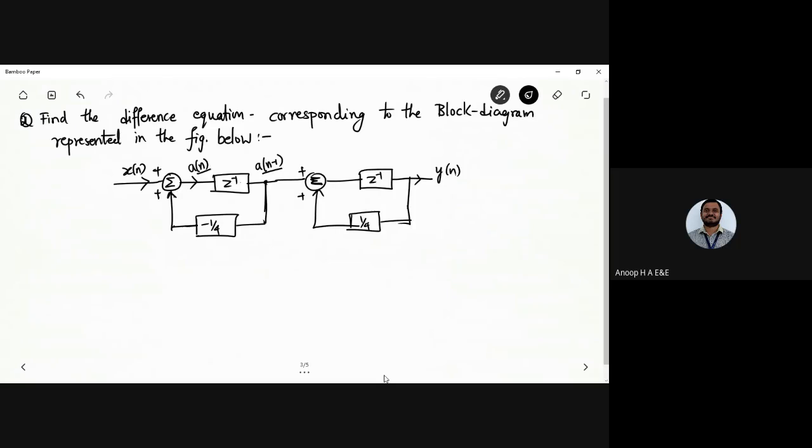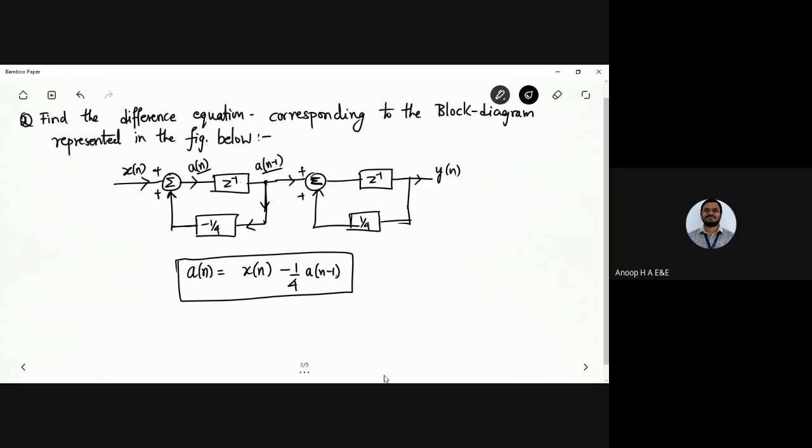So in the previous one. Okay, so you can write it like this, and what you can do here is you can have a of n as the output. So what you can do, that is x of n. Okay, so this comes here, so that is minus 1 by 4 a of n minus 1. I can write it like this. A of n, that would be equal to x of n minus 1 by 4 times a of n minus 1.